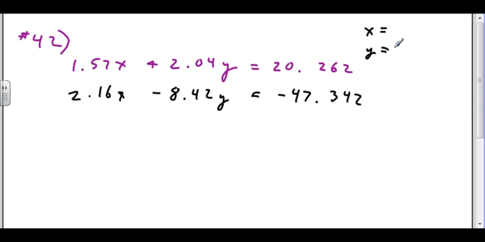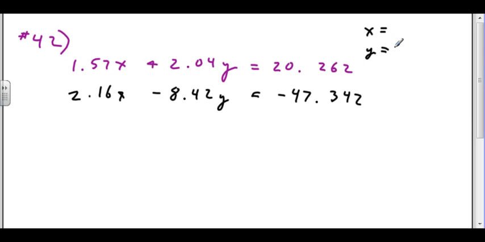System of equations, 2 by 2s, 1.57 plus 2.04 equals 0.262.